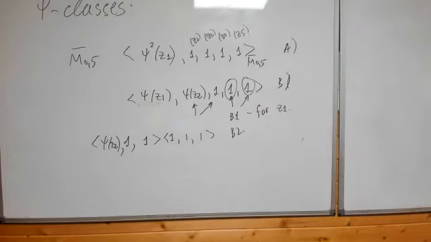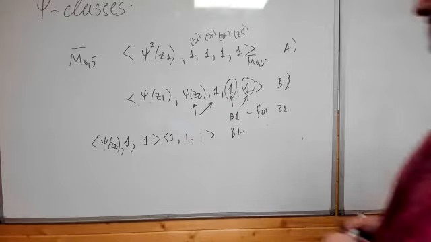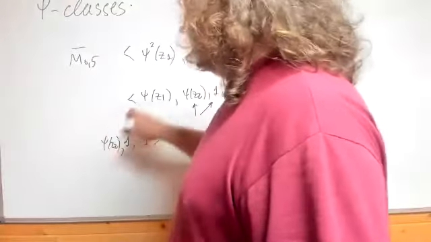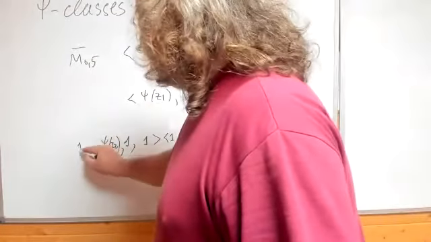Something is wrong in my computation. And of course we have 1 here at point Z1.